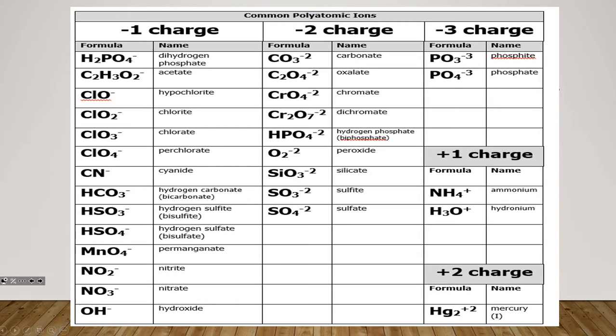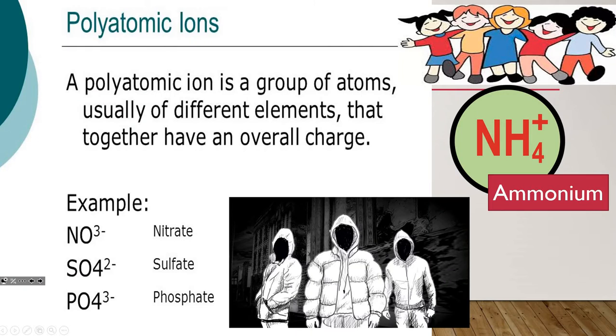We're going to be using these groups now because not all compounds are just one element and another element. So you find them on the back of your periodic table. They're groups of elements that hang together and have an overall charge.